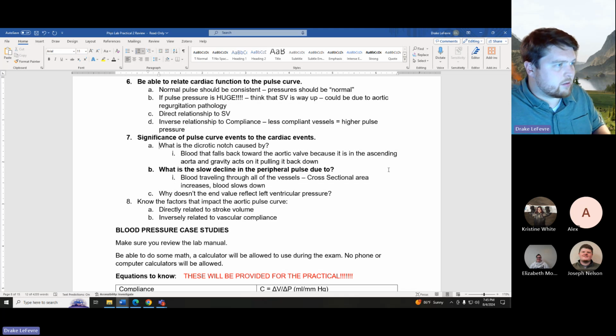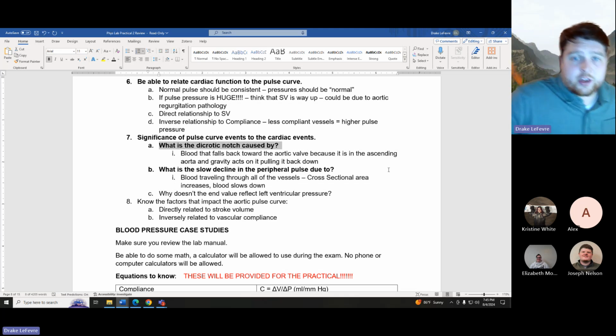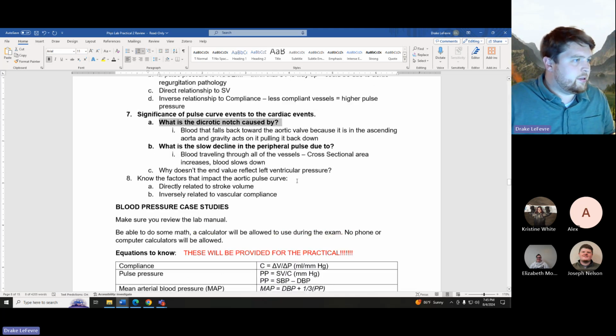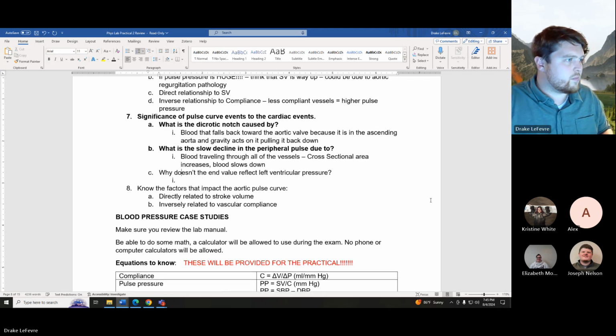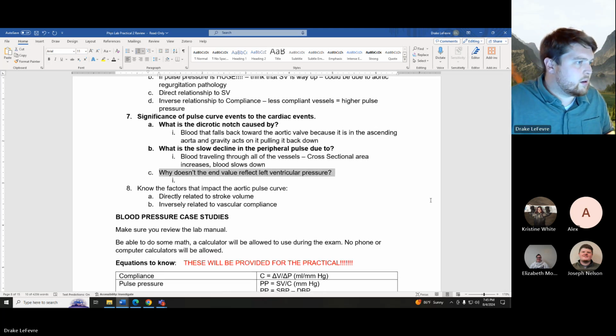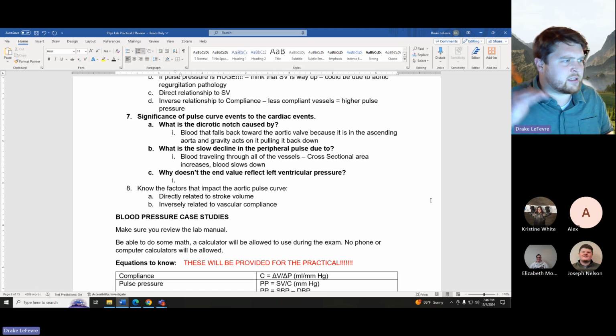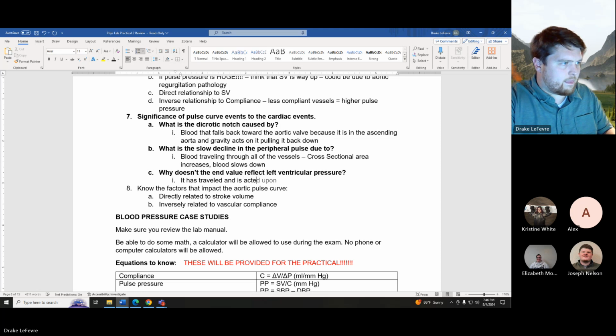Remember all that talk about cross-sectional area and how the further you get away from it. Why doesn't the end value reflect left ventricular pressure? Again, because it's had to travel.